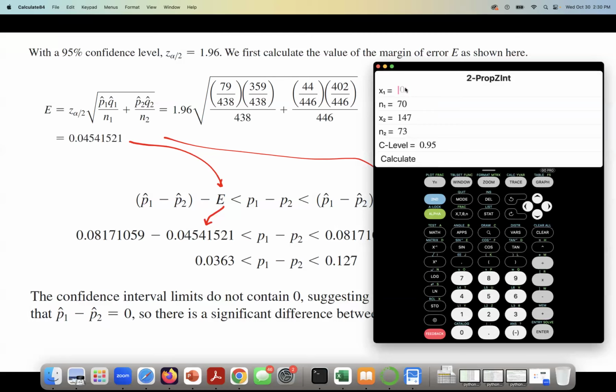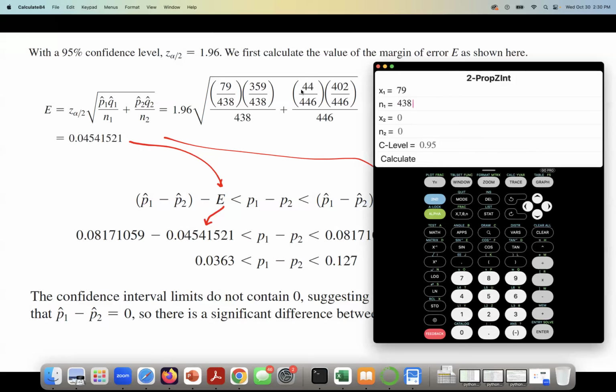Let me erase these. Here we have X1, borrowing from the information I entered earlier. X1 is the number of successes in the first sample, which is 79. N1 is the first sample size, which is 438.